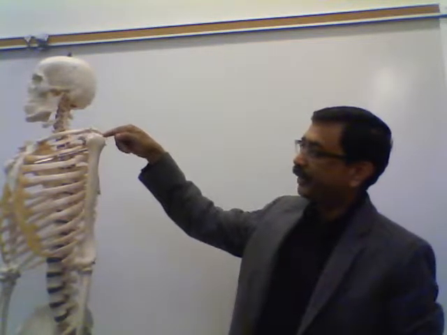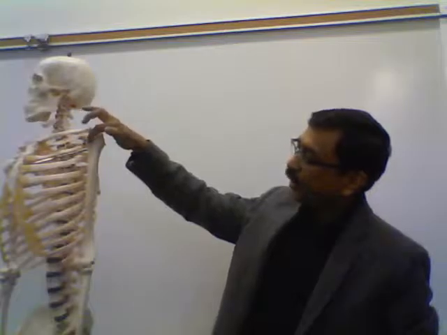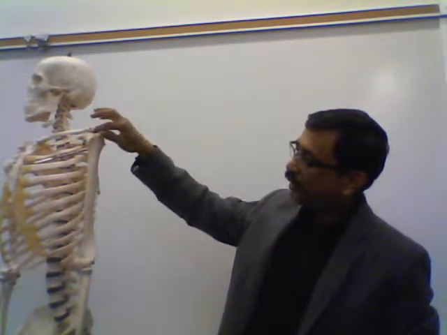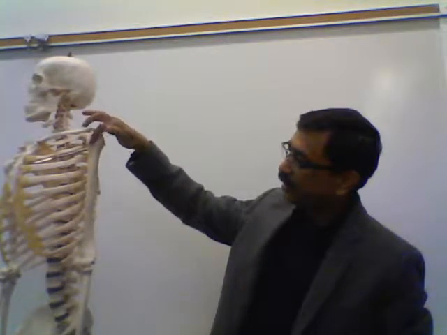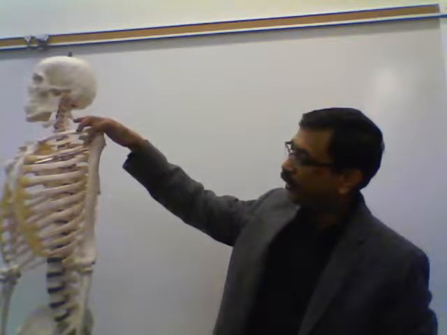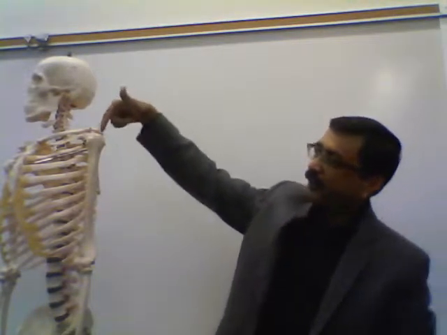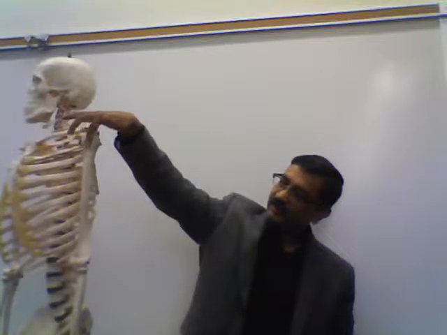Okay, anatomical neck. And then you have 2 tubercles, kind of round structures, greater and lesser tubercles. Greater is the bigger one, lesser is the smaller one. Okay, and in between those 2 tubercles, you see here, there is a groove.